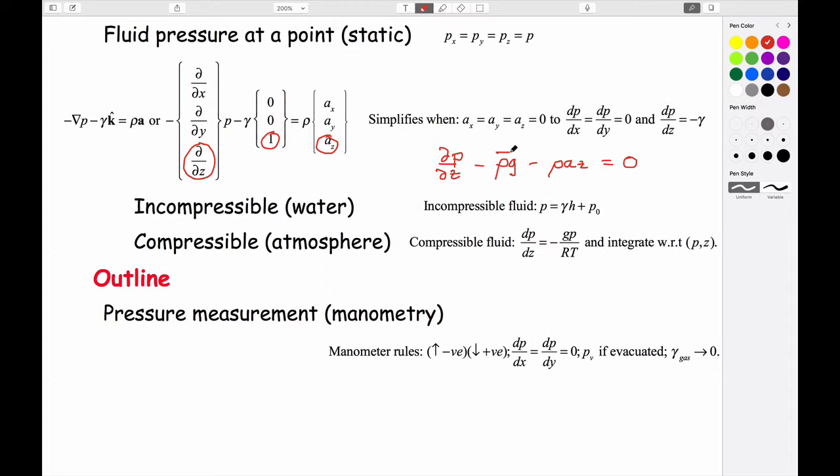We know that this term is the unit weight, as we call it, gamma.